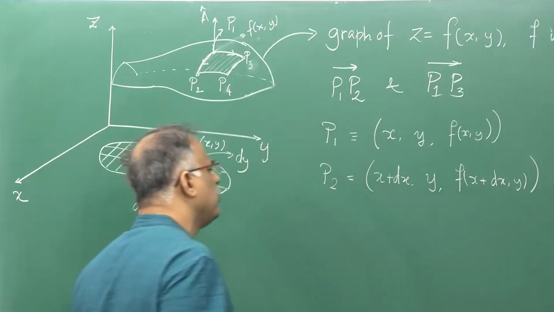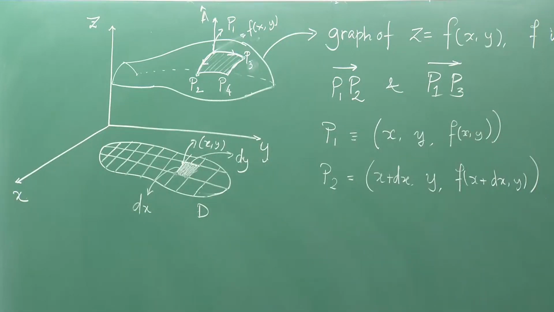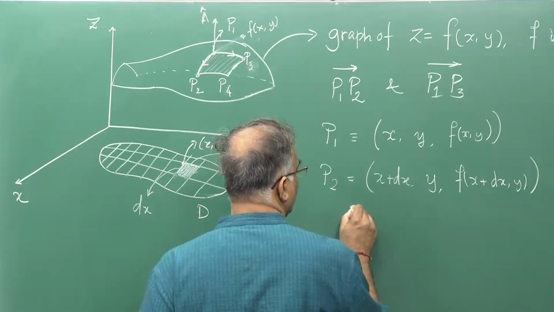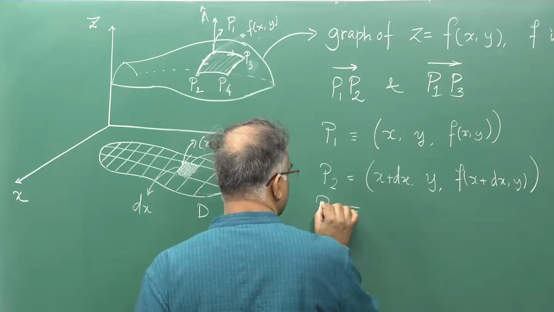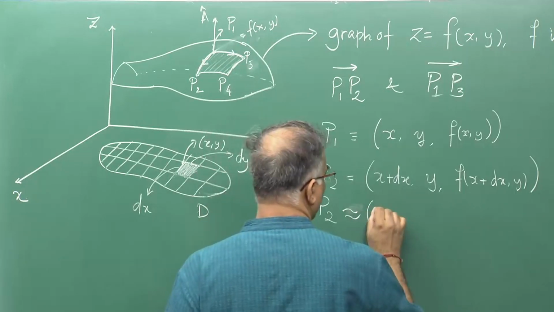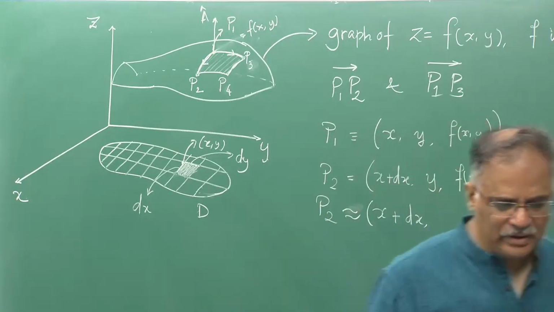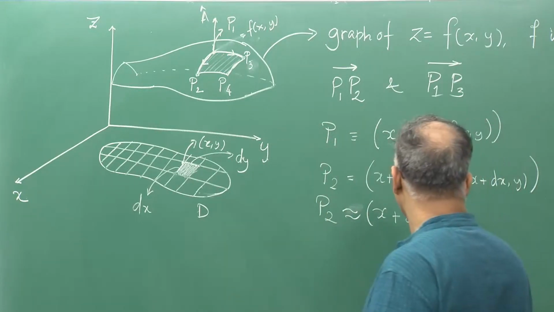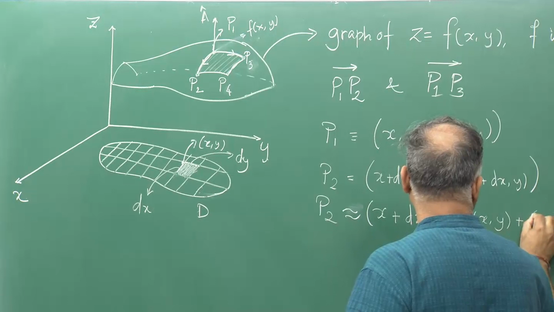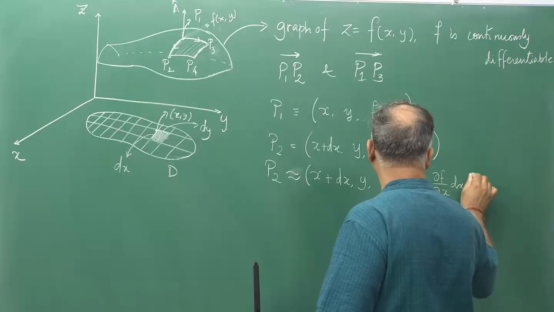If dx is very small, then this can be represented in terms of the derivative. We can forget the error term, and for all practical purposes we can write P2 approximately as f of xy plus del f by del x into dx.